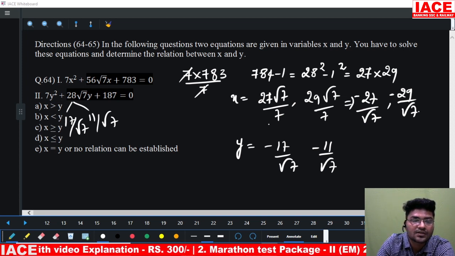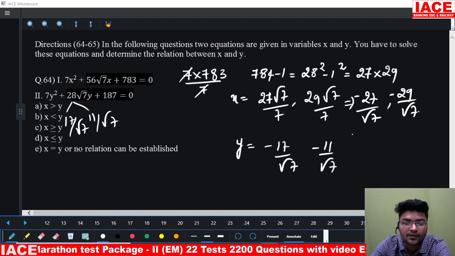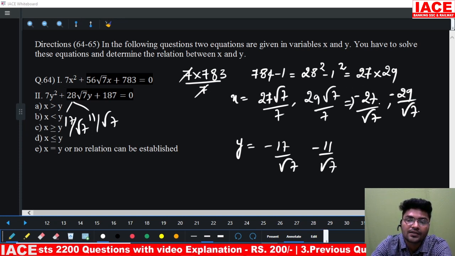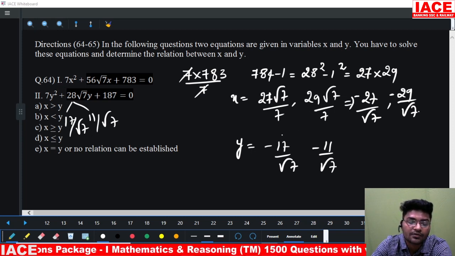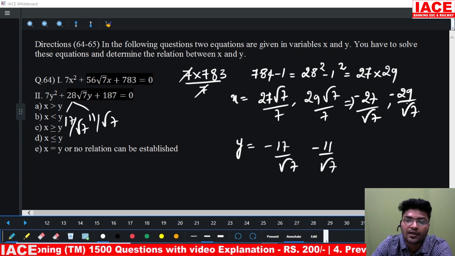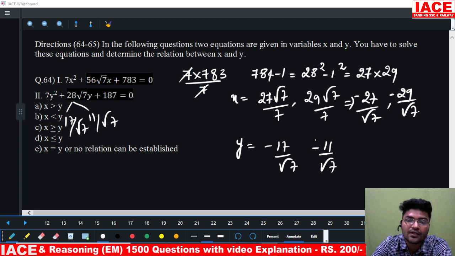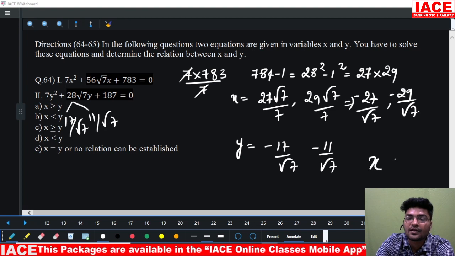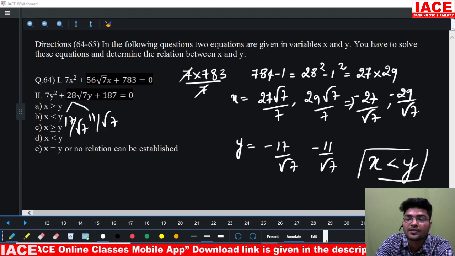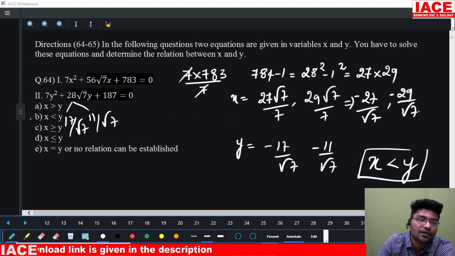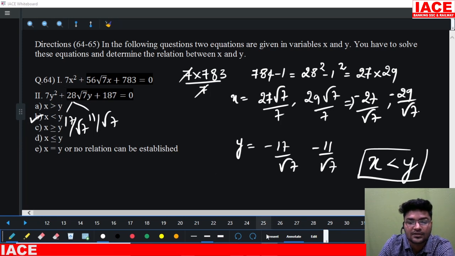Minus 27 is less than minus 17, and minus 27 is less than minus 11 also. Minus 29 is again less than minus 17 and minus 11. So we conclude that x is less than y. Option B is the correct answer.